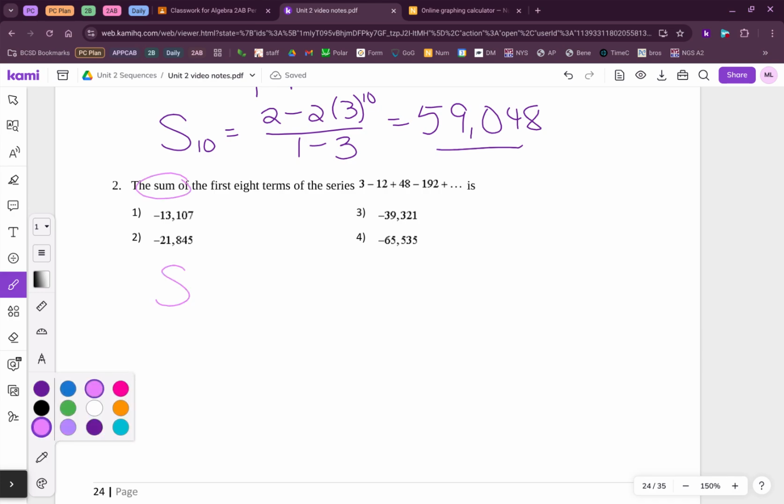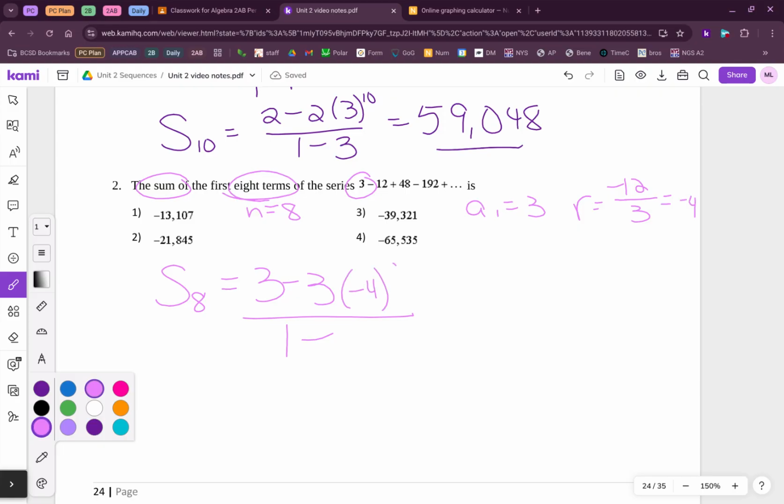All right, find the sum. So again, first 8 terms, that means n is 8. So let's see, we got our first term. That's 3. We need to figure out our common ratio. So that's negative 12 divided by 3, or negative 4. All right, so let's put this in our calculator now.